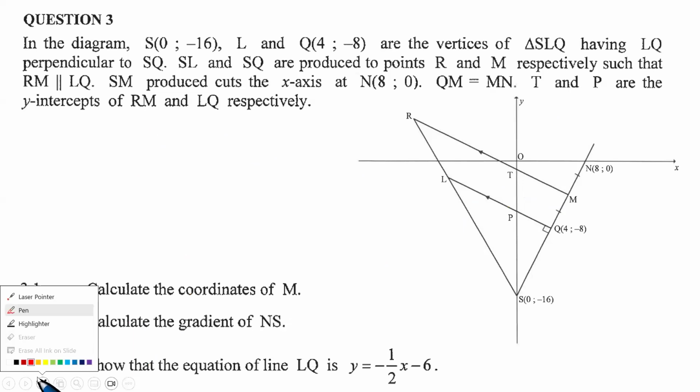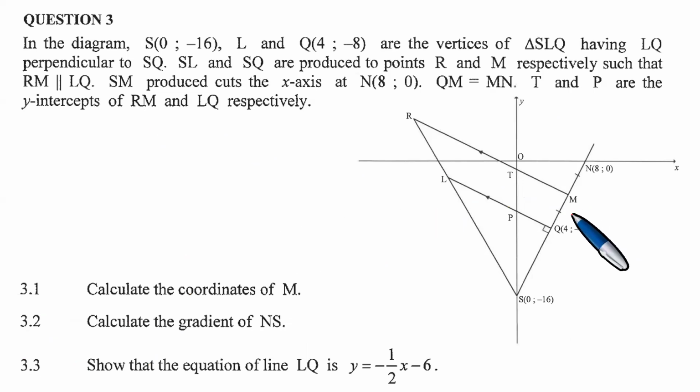What is the formula? Anyone? How do we find the coordinates of M, the midpoint? Who knows the formula for the midpoint? So we shall look first at question 3.1 and the midpoint formula, because you want to find the coordinates of M, and M is here.